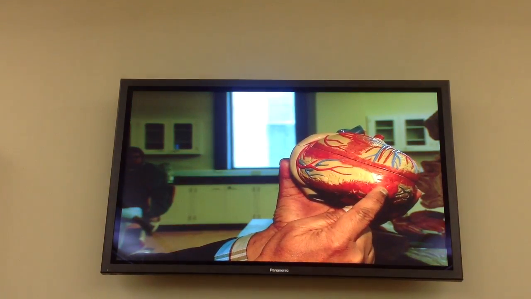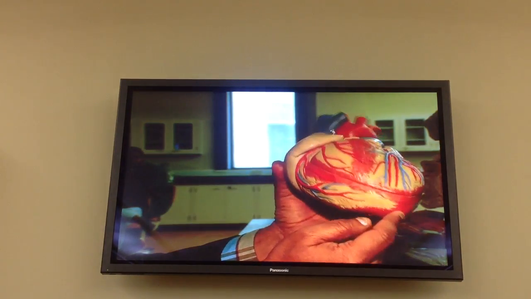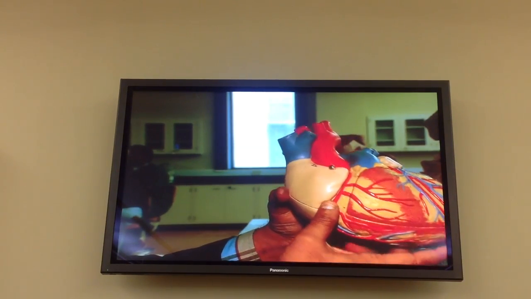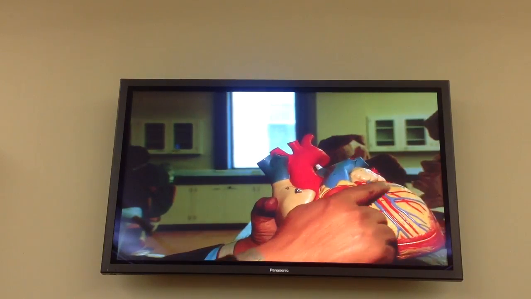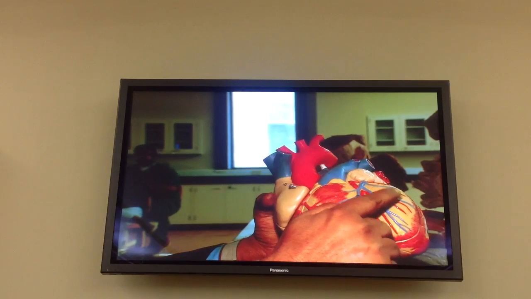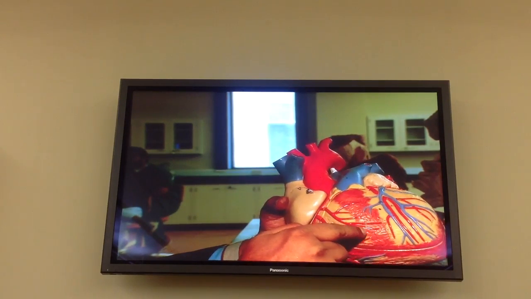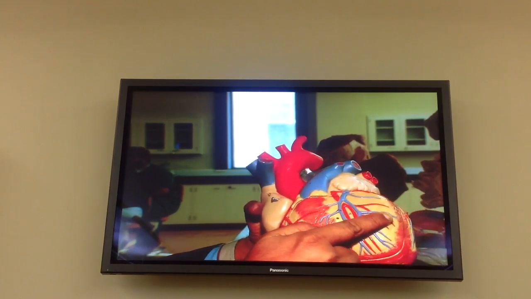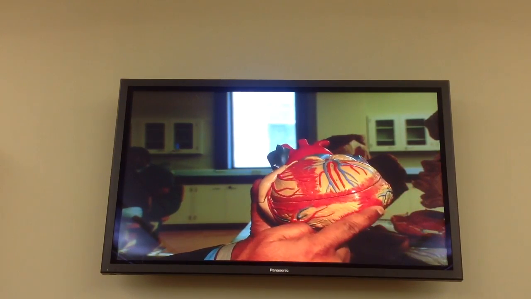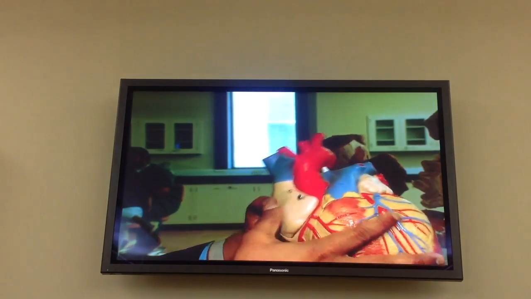So this is heart. And here, these are the cavities, ventricles. This is the left ventricle, this is the right ventricle. This is the apex of the heart.